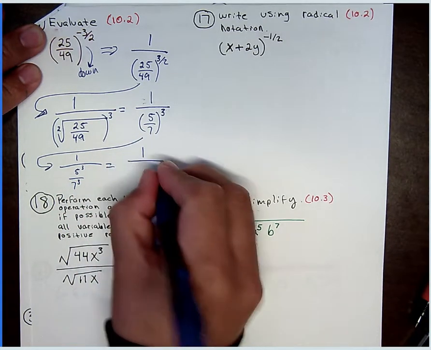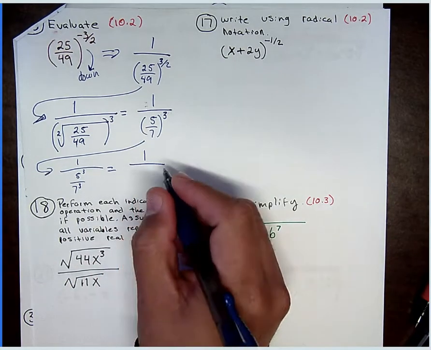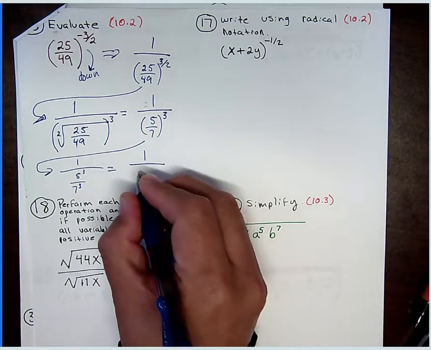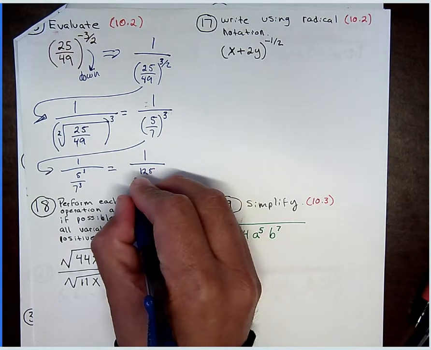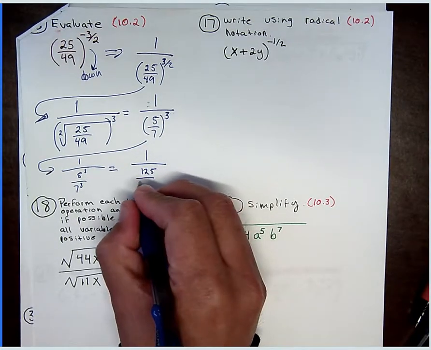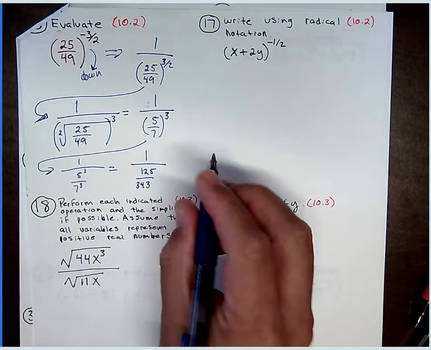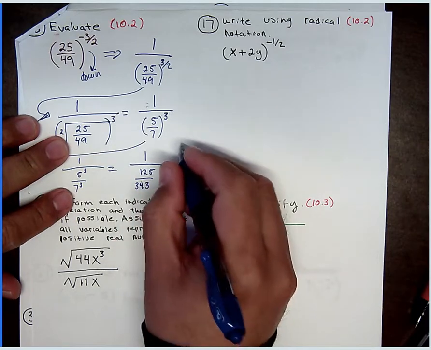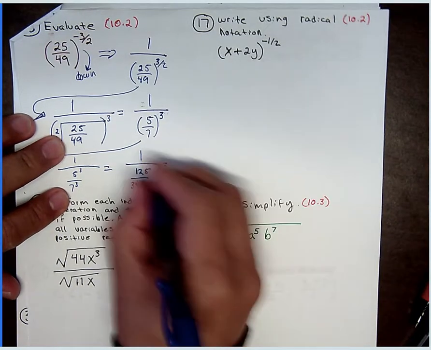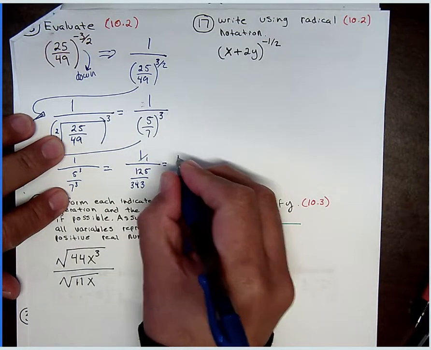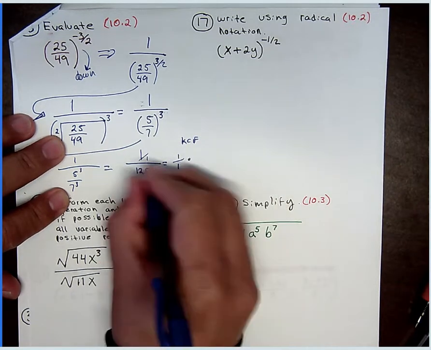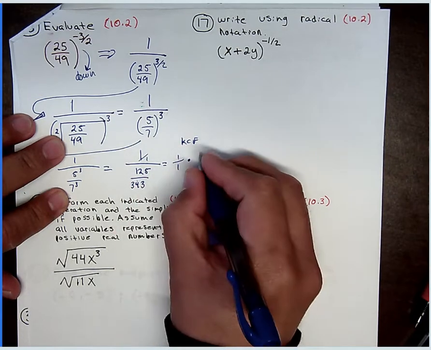And that gives you, so 5 times 5 times 5 gives you 125 over 343. Okay, to take this to the top, imagine this one has a 1 here, so I'm gonna do like a KCF kind of thing, times, and then I'm gonna flip this one.